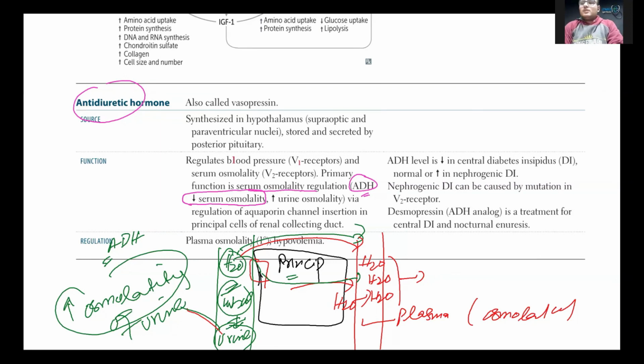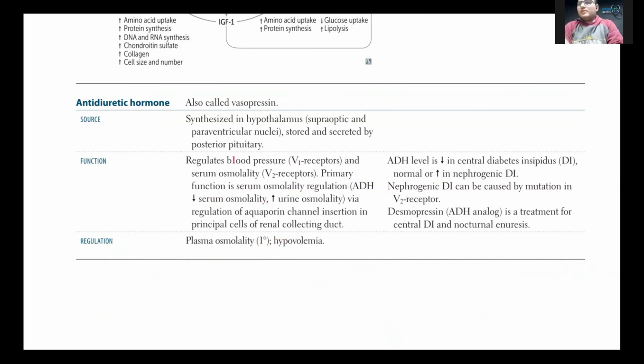Let's suppose there was 4 liters of fluid in our body, but ADH causes 4.5 liters. More fluid means relatively lower ion concentration, so it decreases the plasma osmolality. Is that clear?